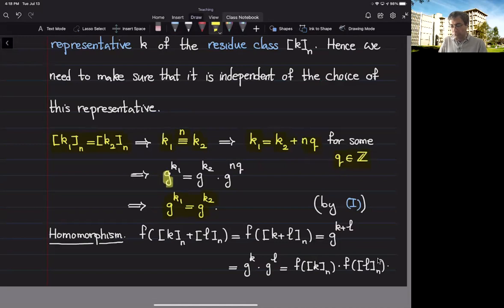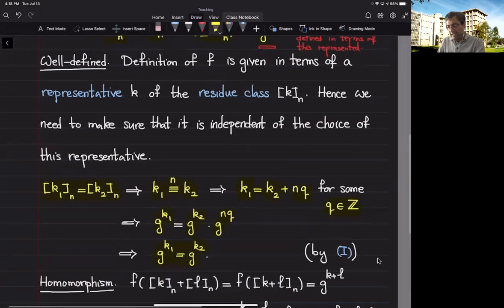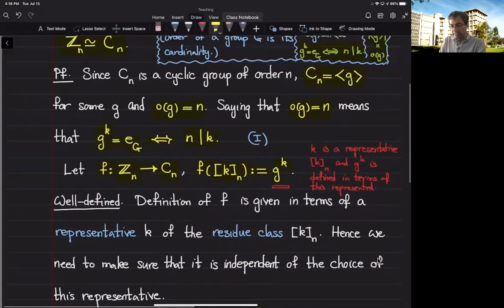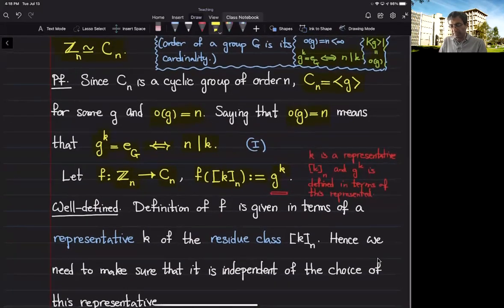Therefore, g raised to power k1, that's what I'm looking for, is, so I'm going to write down k1 as k2 plus n times q. Then g raised to power k1 is g raised to power k2 times g raised to power nq. Now remember, n is the order of g. That means g to the k is the neutral element if k is a multiple of n.